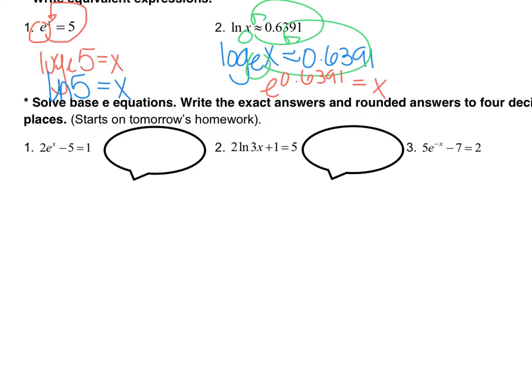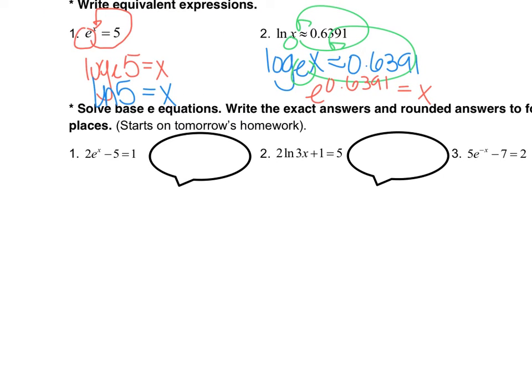Okay, so notice where the variable is in this problem. It's right here. Also notice in the directions it says that we need to give exact answers and rounded answers. Remember that exact answers in this situation are either going to have the word log in them or possibly just e in them. Rounded answers are after you plug it into your calculator. So I want to isolate e to the x.